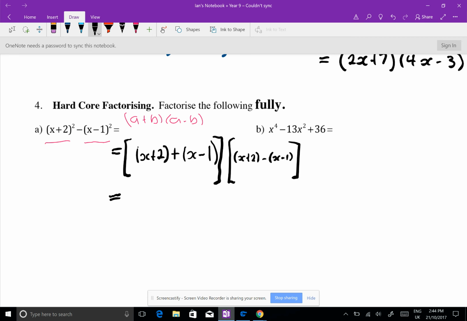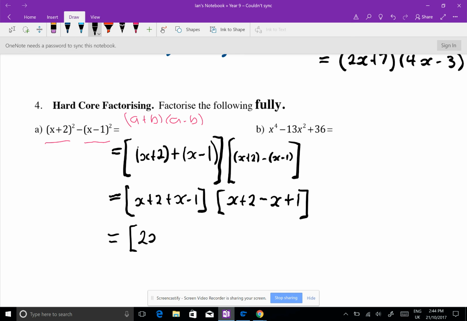Well, that'll be in this first one, x plus 2 plus x minus 1. And in this second bracket, x plus 2 minus x. But watch what happens. I'm going to get a minus minus 1, plus 1. Okay, the first bracket, x plus x, I get 2x plus 2 minus 1.